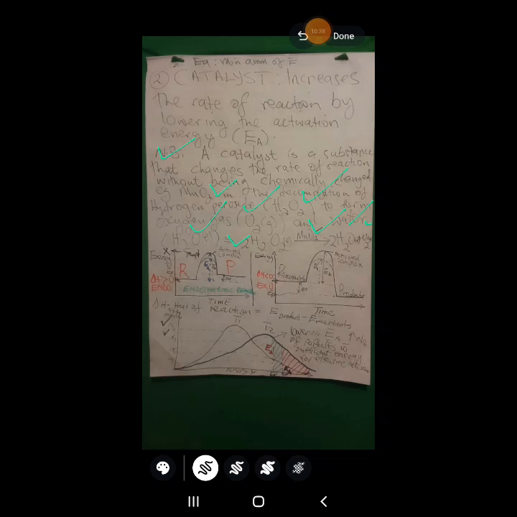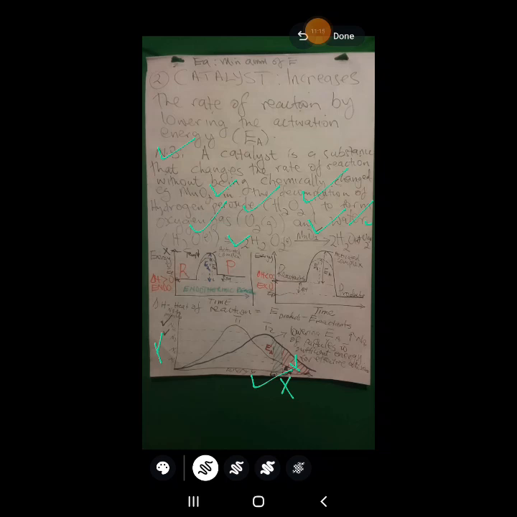Now, how do we show this on our Maxwell-Boltzmann distribution curve? The effect of a catalyst, if you come down here, you are going to see that on the vertical axis, we are having the number of particles, and on the horizontal axis, we are having the energy. Now, what I want you to see is, without a catalyst, you are going to realize that your activation energy, EA, the proportion of particles with sufficient energy for effective collisions, is being represented by the area shaded in red.